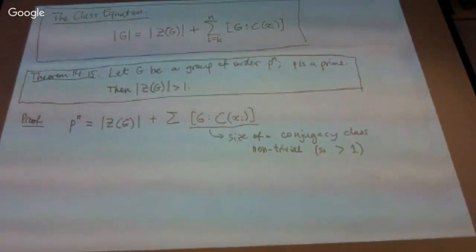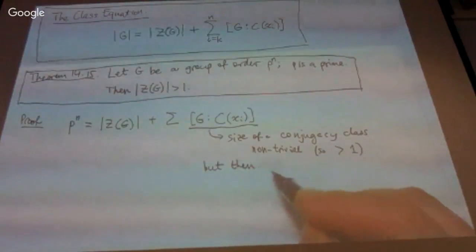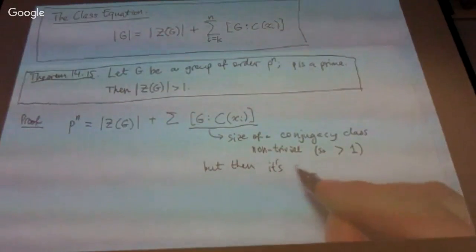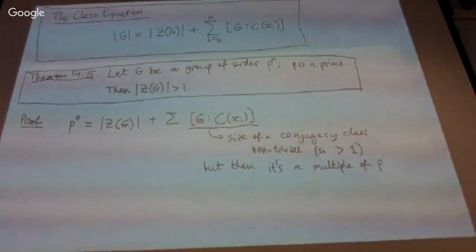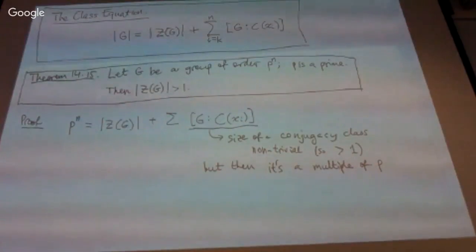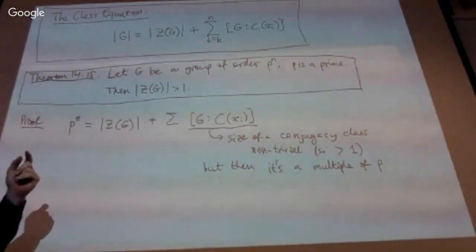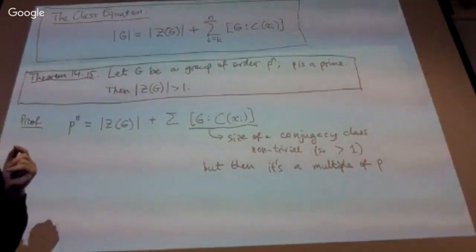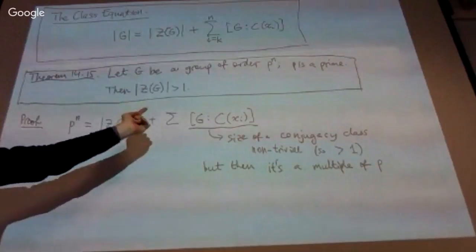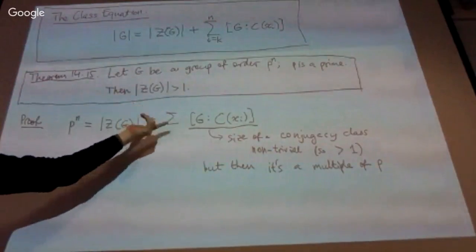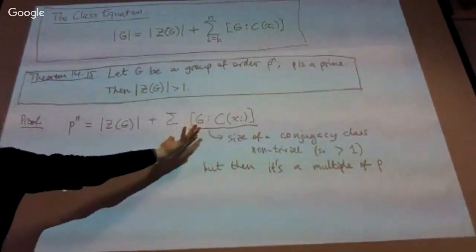But if it's bigger than 1, it's a multiple of p, because this is a subgroup. G is a group of order p to the n, so the subgroup also has order p to the k. When you divide p to the n by p to the k, you get a power of p.